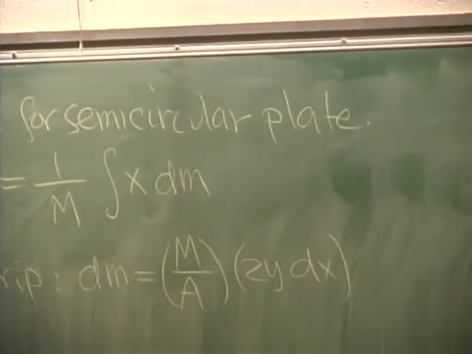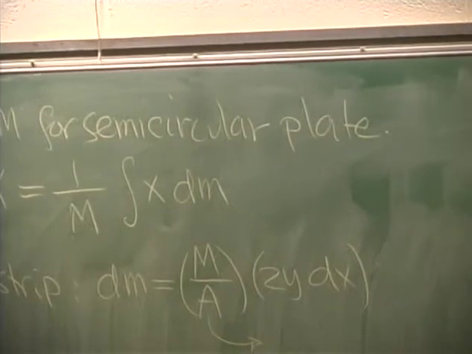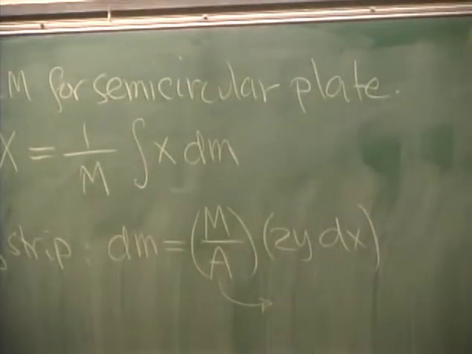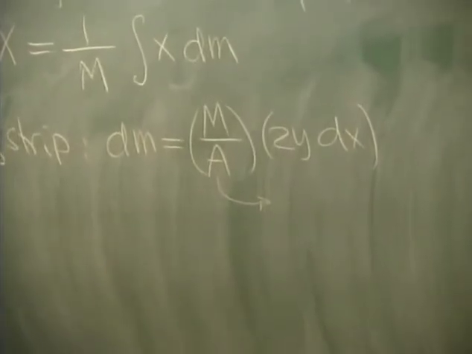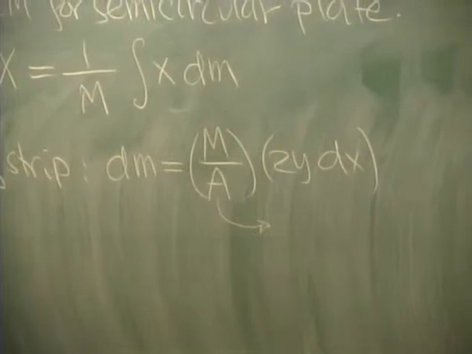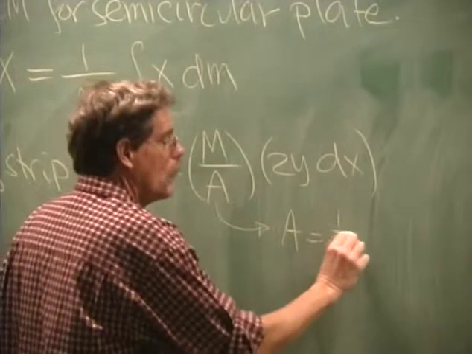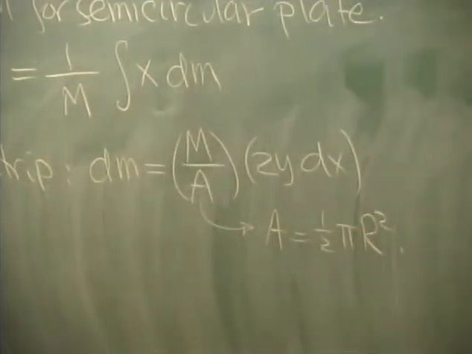Make sense? What's the area of the plate, by the way? Let's give it a radius R. It's 1/2 pi R squared, right? Half pi R squared because it's only half the plate.